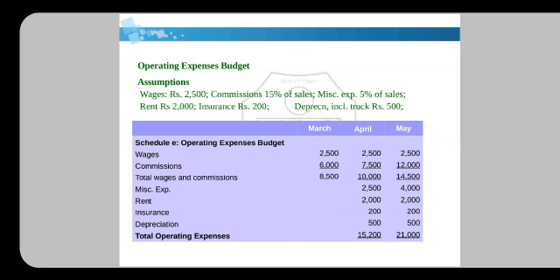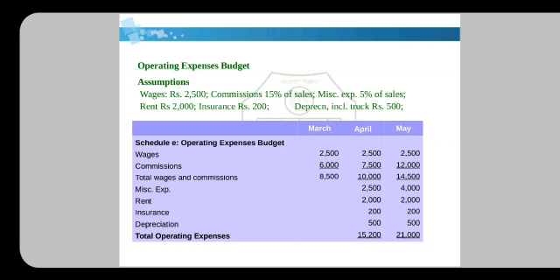So wages for March, April and May, these are constant, 2,500, 2,500 and 2,500. Commission is 15% of the sales. So sales for March is 40,000. So 15% of 40,000 is 6,000. For April it is 50,000. So 15% of 50,000 is 7,500, and 15% of, I think, 80,000, so it is 12,000.